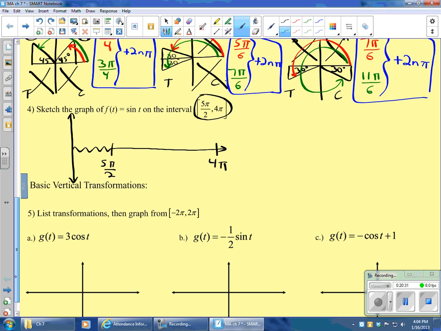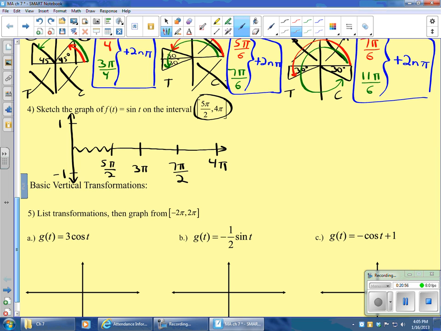So I have 5 pi over 2. The next thing would be 6 pi over 2. Well, I can just call that 3 pi. The next thing would be 7 pi over 2. The next one would be 8 pi over 2, which is 4 pi, so I don't have to add it. Again, sine goes -1 to 1.